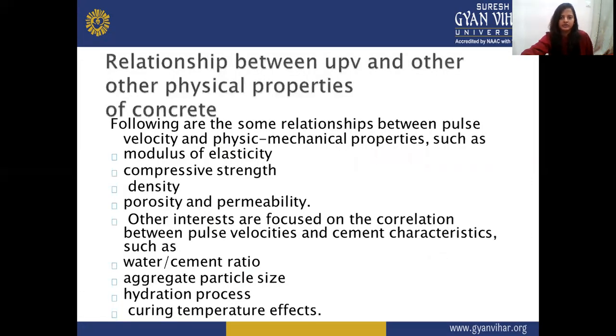The following are some relationships between pulse velocity and physical and mechanical properties such as modulus of elasticity, compressive strength, density, porosity, and permeability. Other interests are focused on correlation between pulse velocities and cement characteristics such as water cement ratio, aggregate particle size, hydration process, and curing temperature effects.